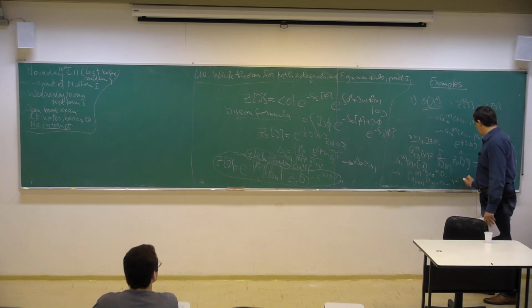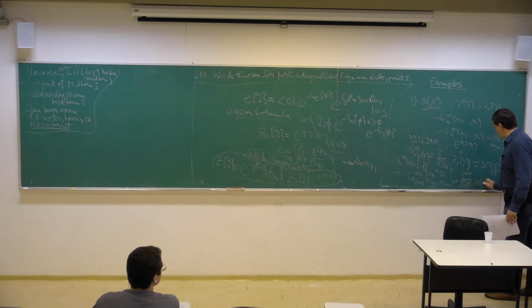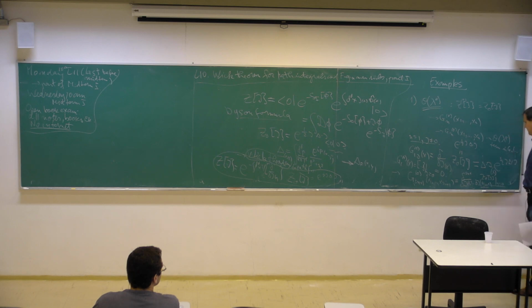This would be d^(2n+1) over dJ x1 up to dJ x2n plus 1 of Z0 of J at J equal to 0. So I take an odd number of derivatives, right?